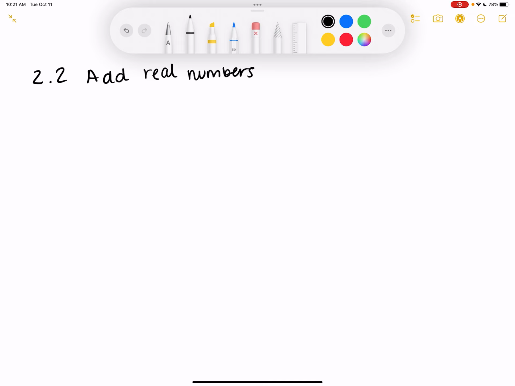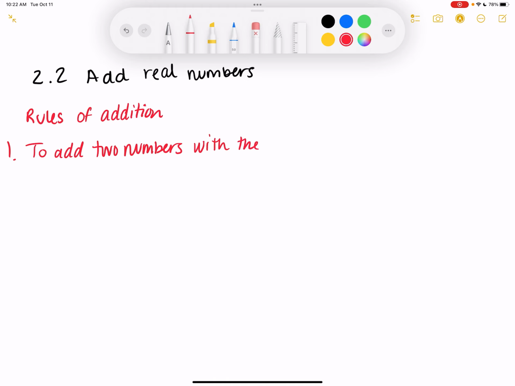So some rules of addition. Rule 1: to add two numbers with the same sign, add their absolute values.